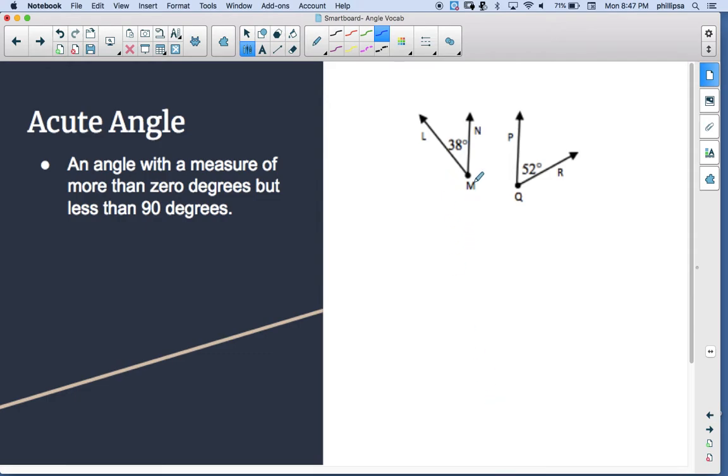Okay, so acute angles, I'm sure you have heard of this before. An acute angle is an angle with a measure that is more than 0, but it has to be less than 90 degrees. So here I have two acute angles. I know they're acute because they are both more than 0, but less than 180. So I have acute angle NML, which would be the same angle as LMN.